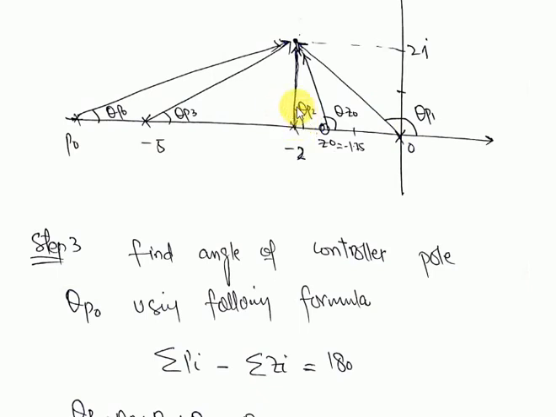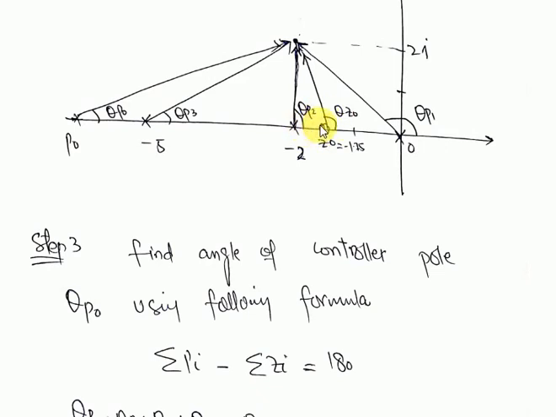Tan theta p2 is perpendicular over base. ओके स्टूडेंट्स, हम ये वाला एंगल असल में फाइंड करेंगे, ठीक है? सो अगर आपके पास ये वाला एंगल आ जाता है और हम इसको 180 में से माइनस कर दें तो हमारे पास थीटा p 1 आ जाएगा. इफ़ दिस इज़ द ट्रायंगल, थीटा जी नॉट फाइंड करना है तो हम 180 में से, दिस टोटल इज़ 180, सो 180 में से ये वाला एंगल माइनस कर दें तो हमारे पास थीटा जी नॉट आ जाएगा. और ये एंगल हमारे पास कैसे आएगा?